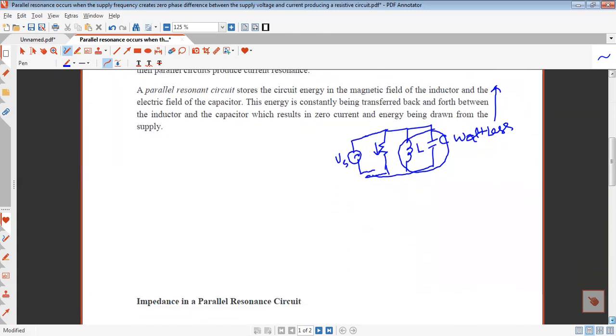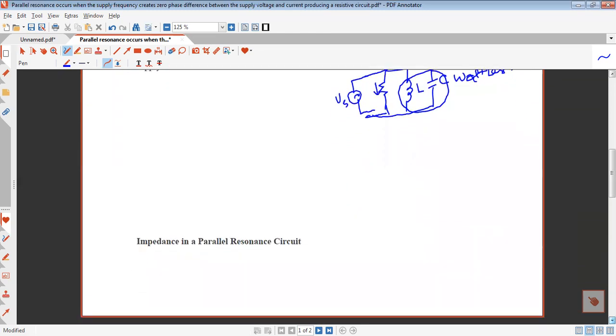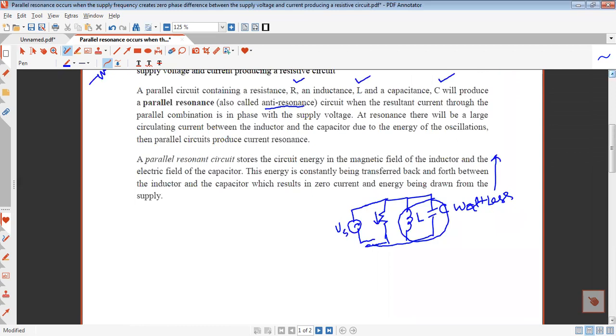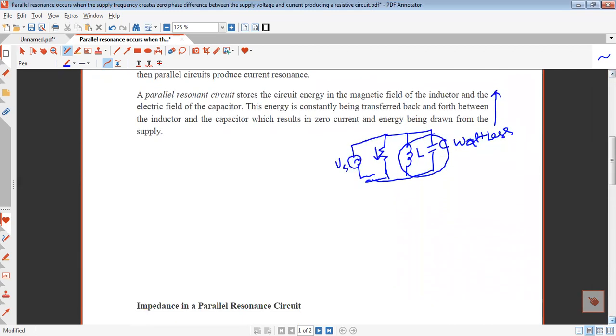Now I am going to discuss how we will get the equivalent circuit, and how we will find the resonance frequency. So consider a very simple circuit that I am drawing here again.